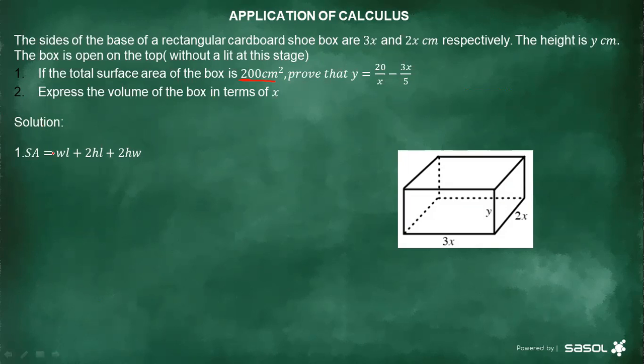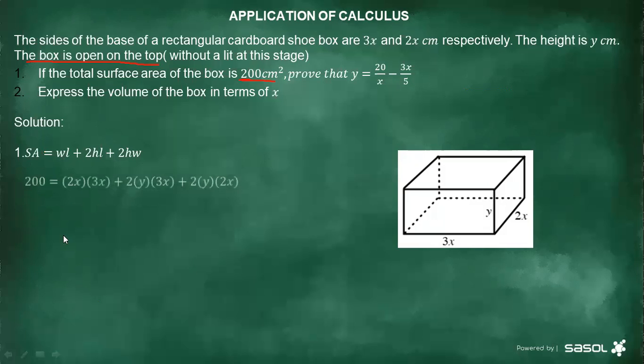Now you can see that the surface area of a box is supposed to be 2 width length plus 2h length plus 2h width. But because it was very clear from the scenario that the box is open on top, there is nothing on top, hence we exclude that 2.